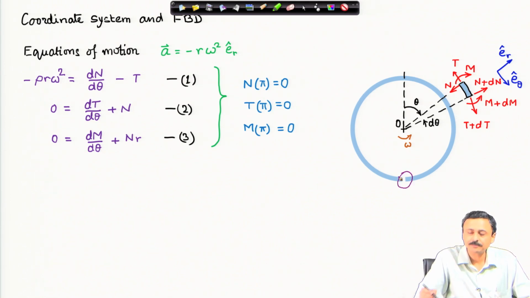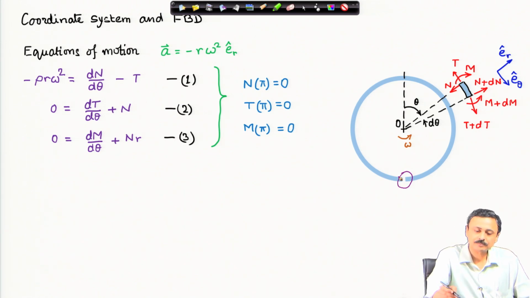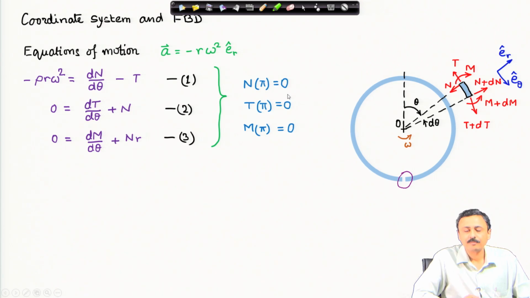Here the shear force is 0, the ring tension is 0, the bending moment is 0. Therefore, I must have the shear force at theta equal to pi is 0, the tension at pi is 0, the bending moment at pi is 0.